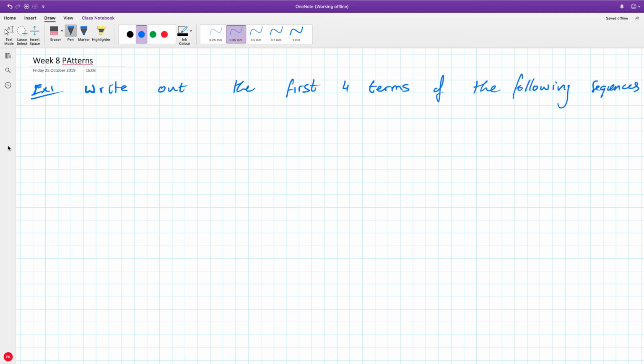So what I mean by that is Tn is equal to 5n plus 2. Tn is equal to 4n minus 3. And Tn is equal to 2n plus 1. I want you to find T1, T2, T3, T4 for all of those 3. Off you go.